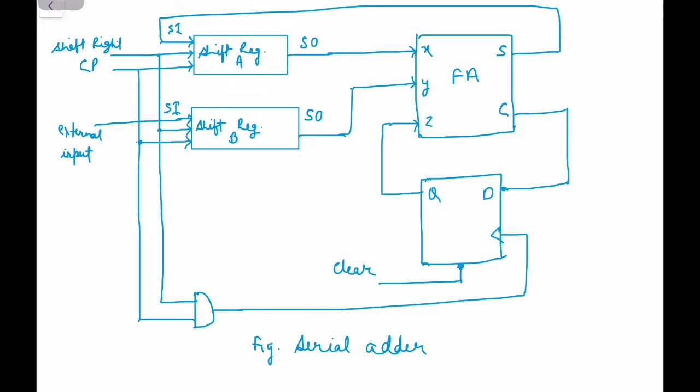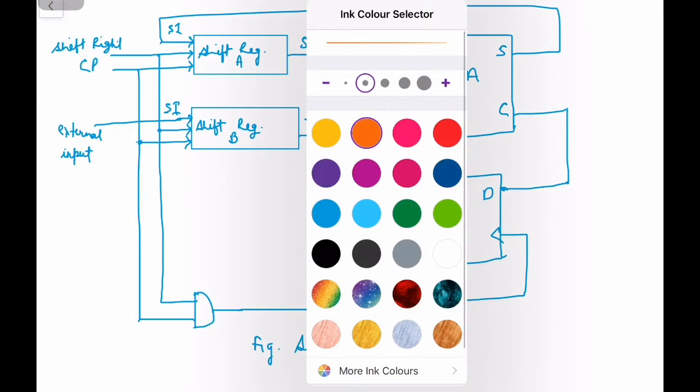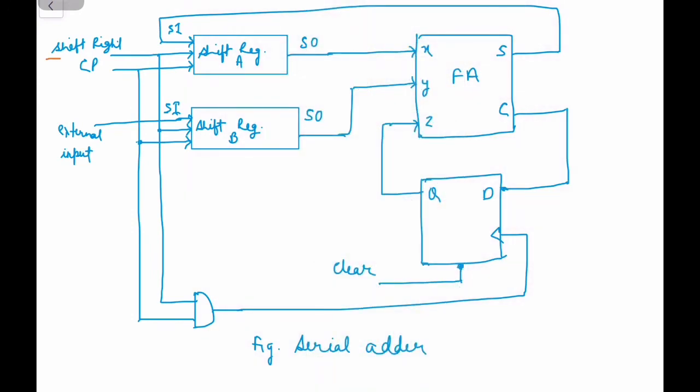As long as the shift right signal is high, the circuit will operate and perform the addition operation, because as long as shift right is high, the clock pulse for the D flip-flop is high and it will save the previous carry bit.